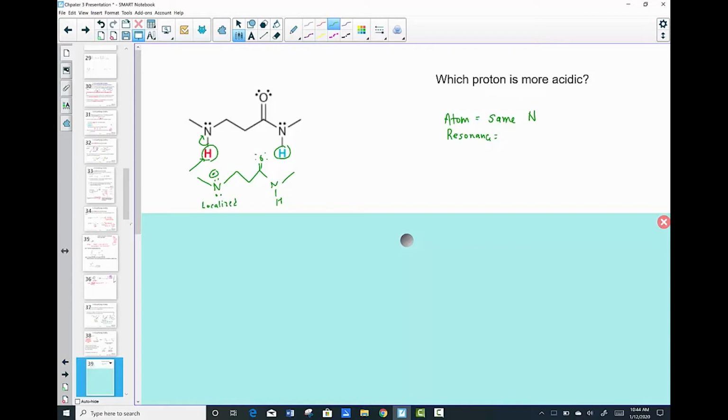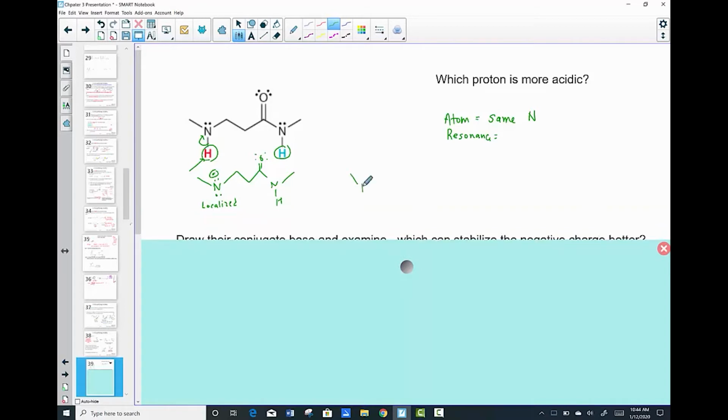However, if I redraw and I take off the hydrogen on the nitrogen that's highlighted blue, now all of a sudden I have a negative charge on a nitrogen that has a pi bond nearby in just the right position. The adjacent carbon is involved in this carbonyl group, and that possesses a pi bond. Remember that vocabulary.